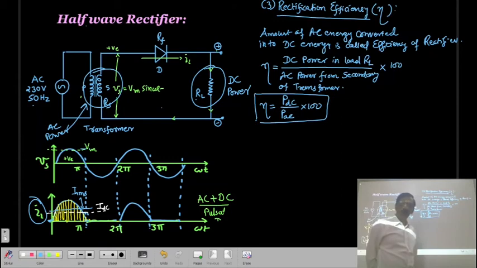Now we will calculate the DC power and the AC power.